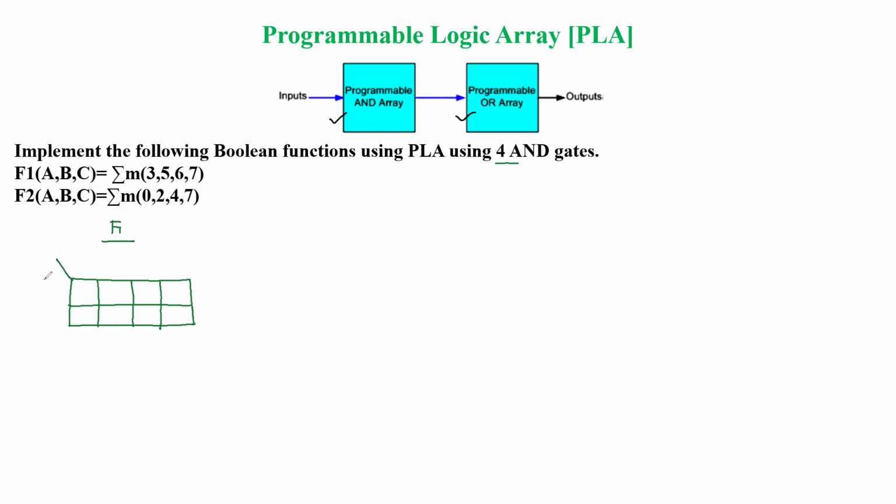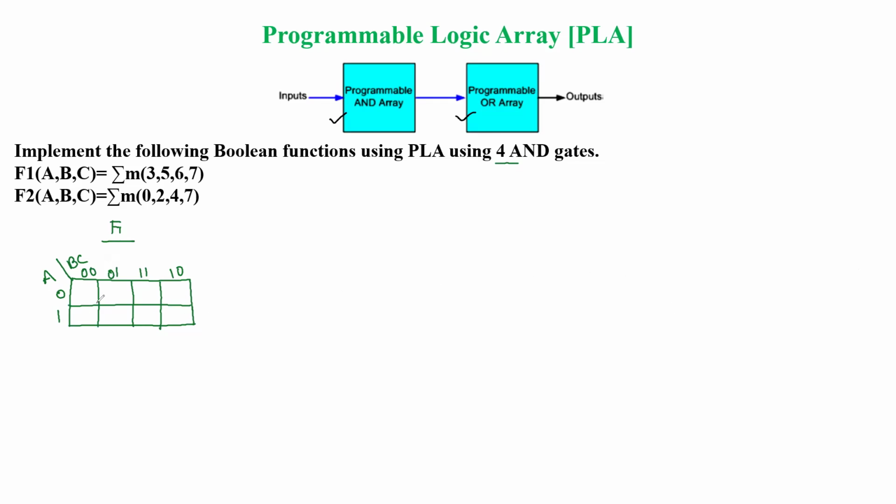On this side we have input A, and on this side we have BC. The literals are 0, 1, and here we have 0 0, 0 1, 1 1, 1 0, since at a time only one bit should change.